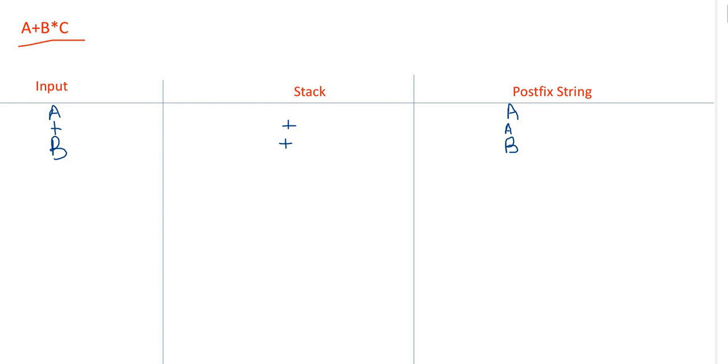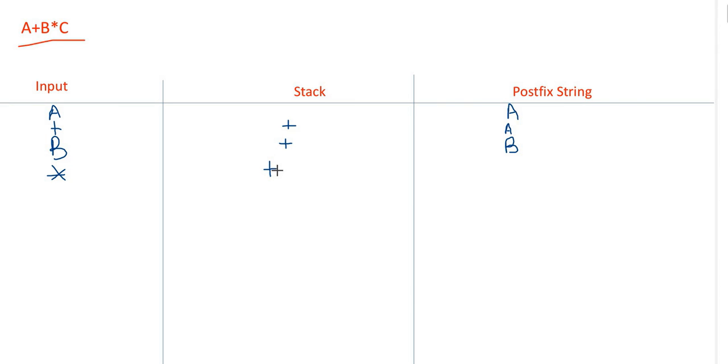After that, star will be input. Here you can see plus has lower precedence, so there is nothing to worry about. Star has the greater precedence, so we can push it into the stack.